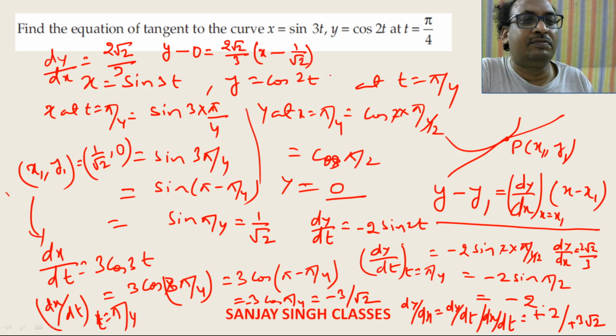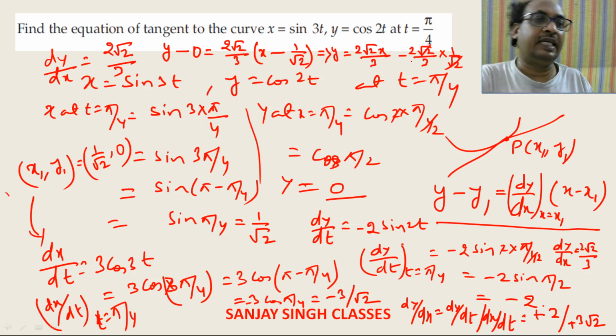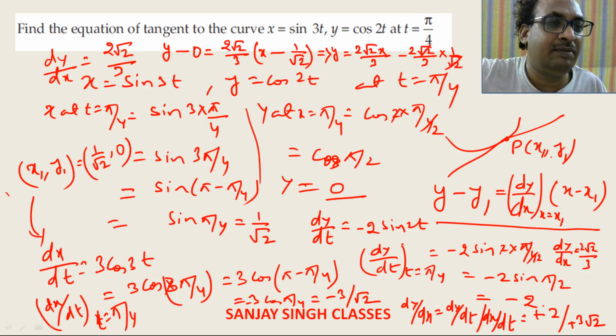This gives us y is equal to 2 root 2x by 3 minus 2 root 2 by 3 into 1 by root 2. Root 2 will get cancelled and minus 2 by 3 will be there.